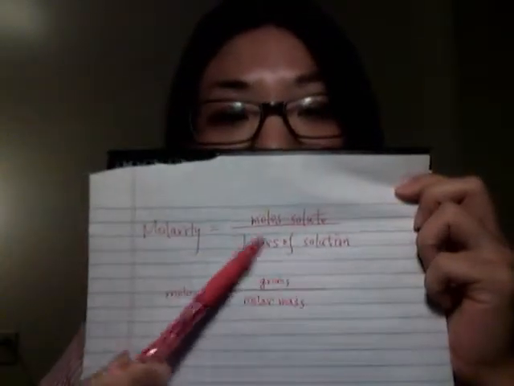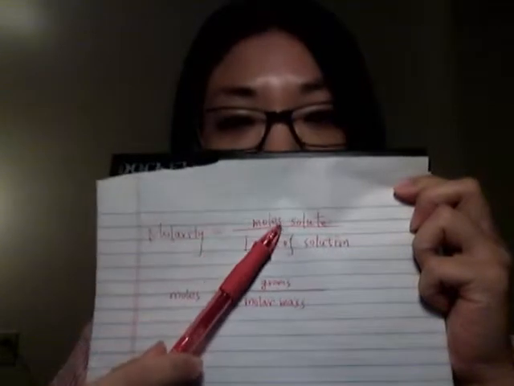So for doing this experiment, you have to know how to calculate the concentration of an aqueous solution. The concentration unit we are going to use is molarity. So here is the equation.